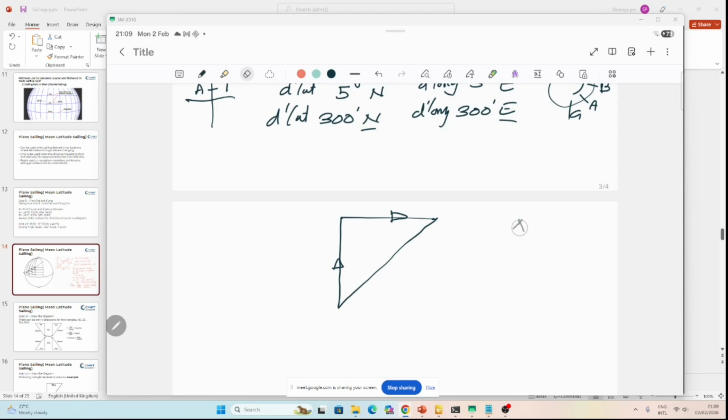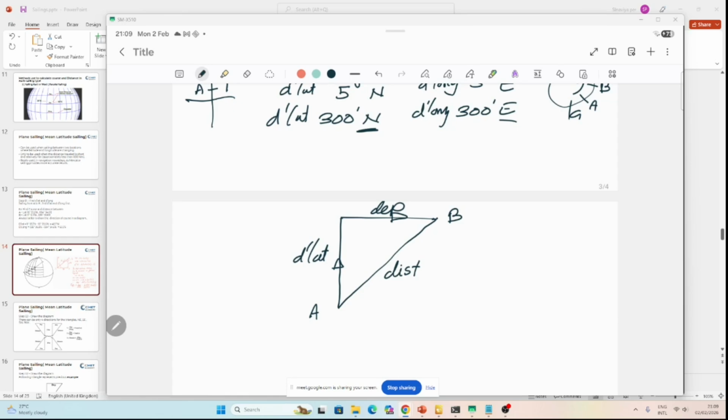So you always go first towards your powerful cardinal. That is north here. You go north, then go to east. Then this is going to be A and B, and this is going to be the distance between A and B, this is going to be the departure between A and B, and this is going to be the DLAT between A and B.